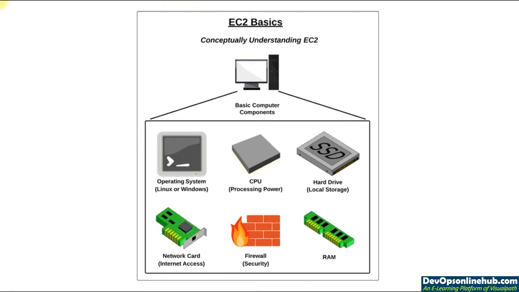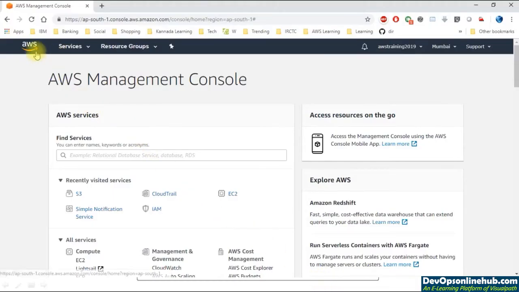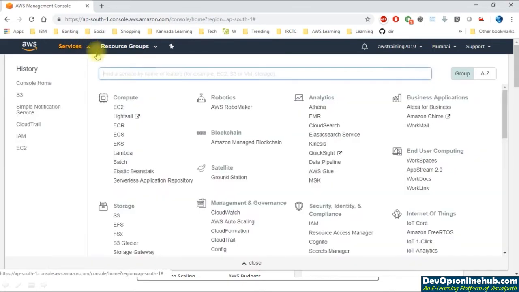Now navigating towards the AWS console. So this is my AWS dashboard. I'll go down to the services. In the compute section, the very first service that we have is EC2.